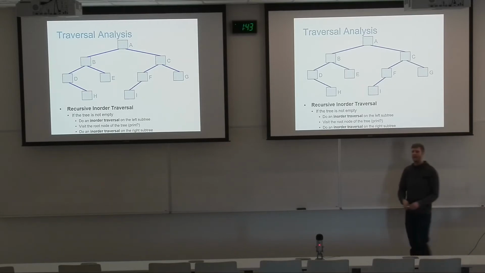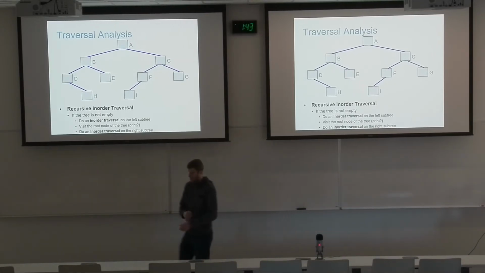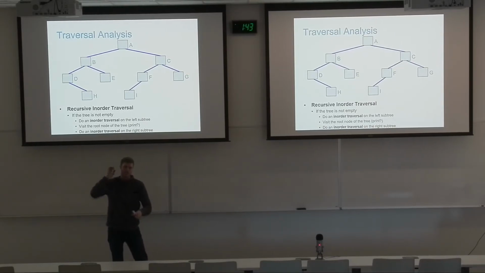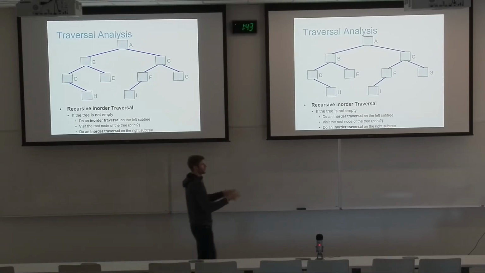So here I'm looking at in order, but I can do pre-order, post-order, it doesn't matter. The trick with doing the analysis on recursive things is to think, how many times is this function going to be called? How many times, how much work is going to be done?